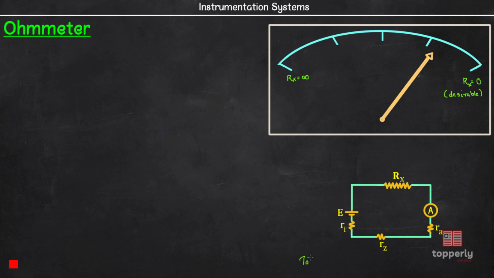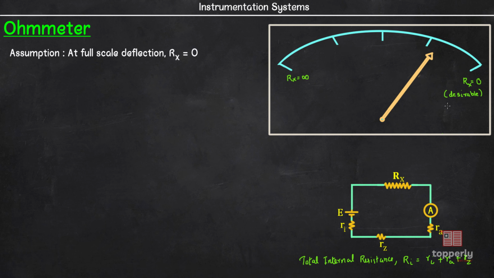Now let's add all these resistances together and call it the total internal resistance denoted by Ri. So we have total internal resistance Ri equal to Ri plus Ra plus Rz. Also for the time being, let us assume that at full scale deflection, that is at the extreme right of the scale, Rx is equal to 0.